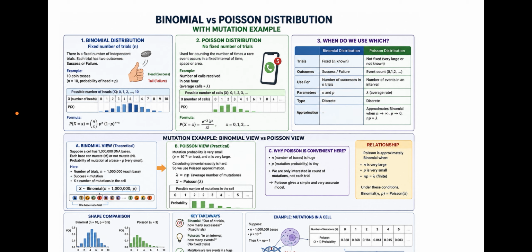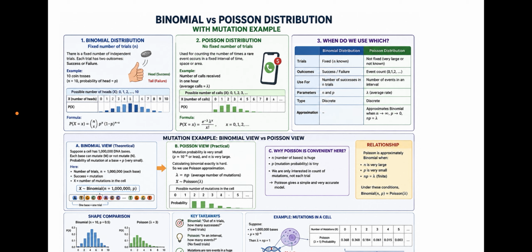For example, how many mutations are possible in nucleotides, that is one type. Or how many mutations are possible in a particular nucleotide, that we can calculate, but here no fixed trials.